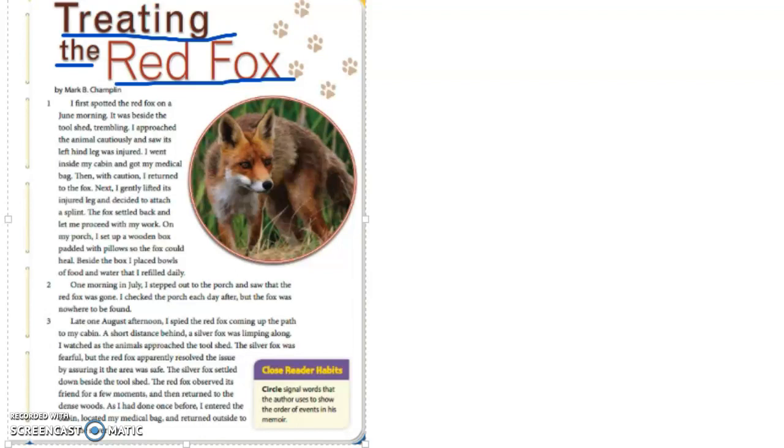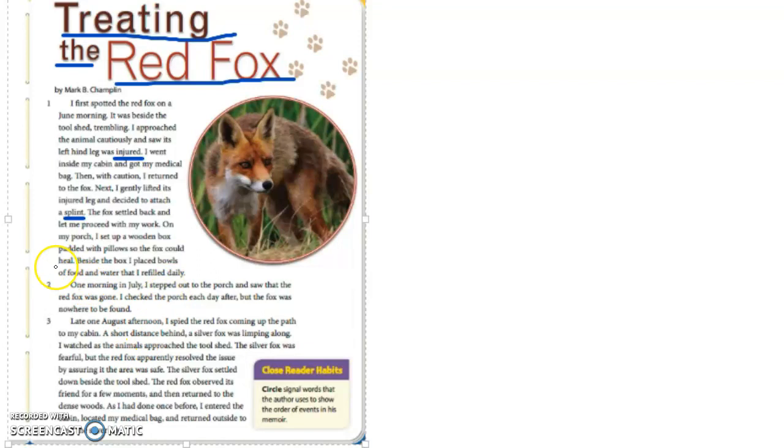Looking at the passage, words that help me know the meaning of treating are a few of them in the different paragraphs. For instance, in paragraph 1, there is the word injured. So I'm going to underline the word injured. I also see the word splint, which is something you use to help an injured limb, like an arm or a leg.